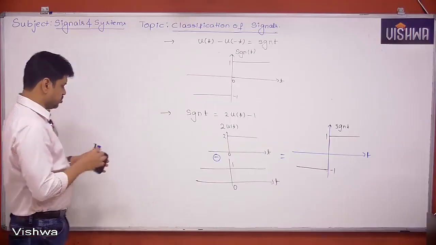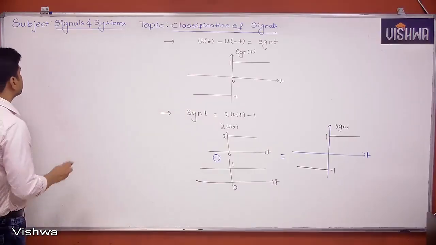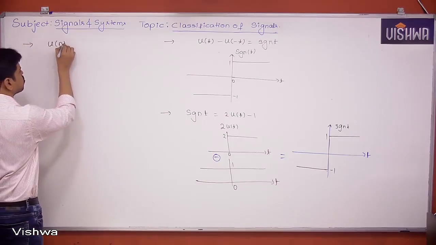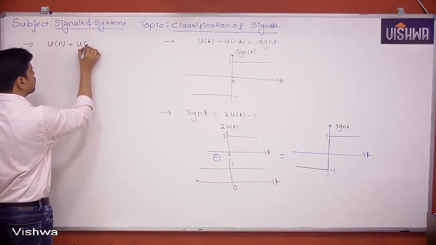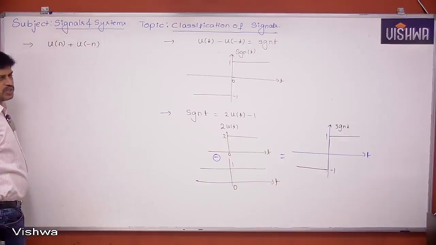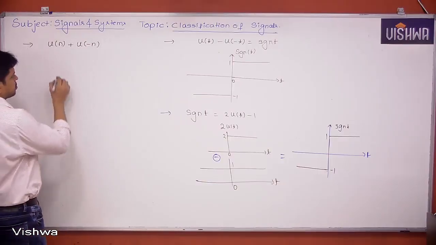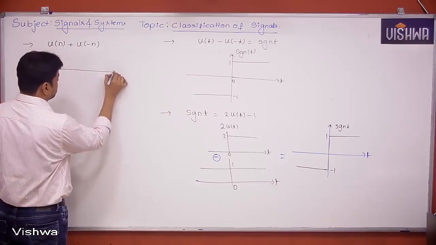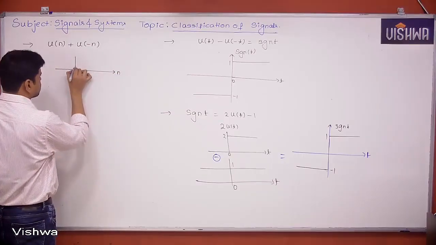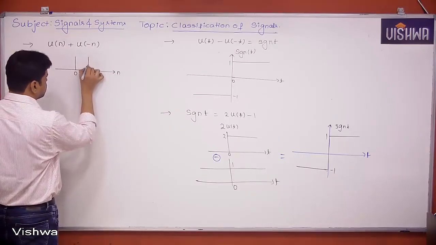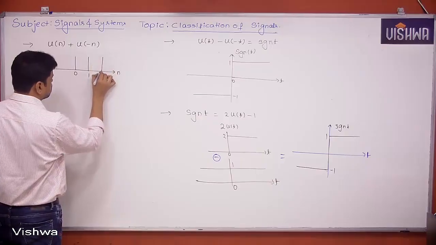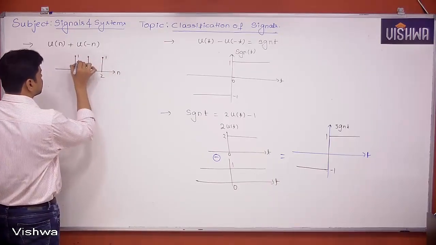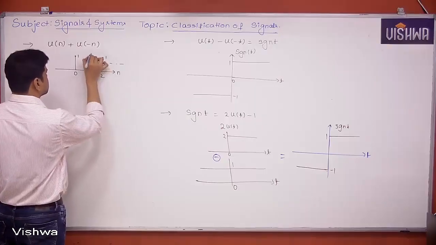Some more extra information. In the discrete time case, if I take u of n plus u of minus n, what is going to result? Let's say u of n, how does it look like? For all the values of n, 0, 1, 2, 1, 1, and so on.